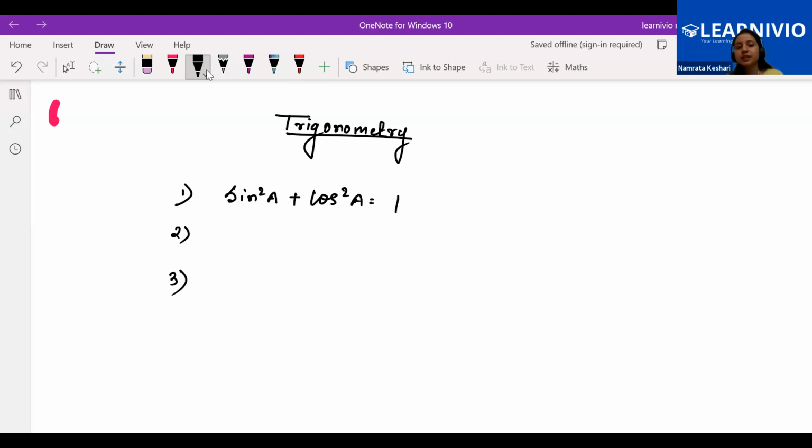This is the first identity. Okay, trigonometric identities. Can you tell me what is the second identity which we are having?